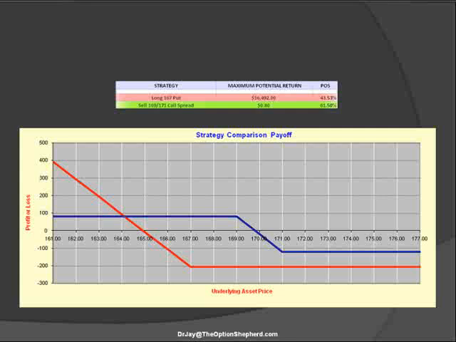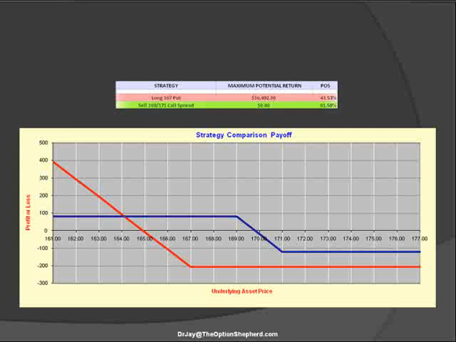The probability of success when buying a long 167 put is 43.53%. In contrast, the bear 169-171 call credit spread is further out of the money and has a much higher probability of success, 61.50%.